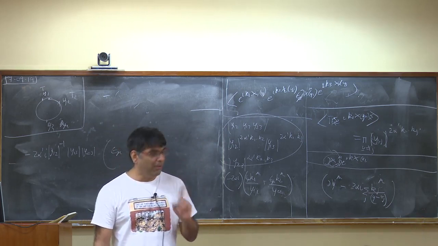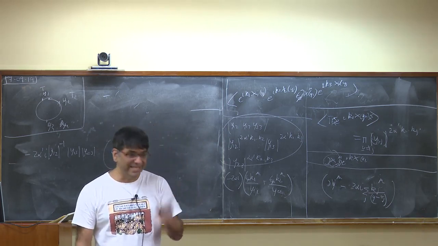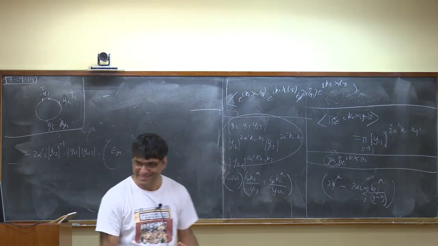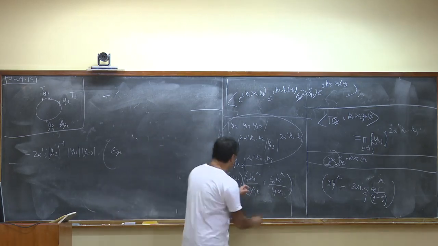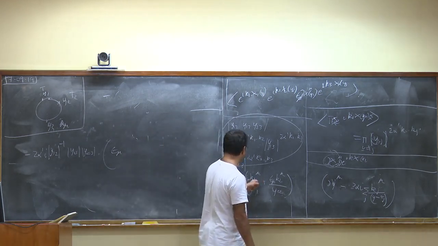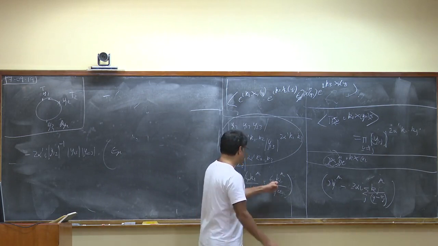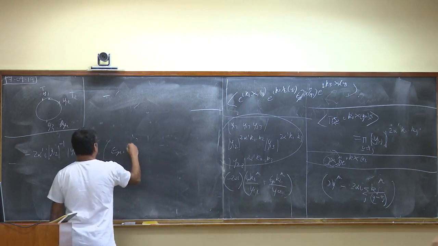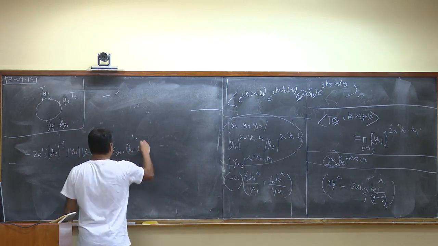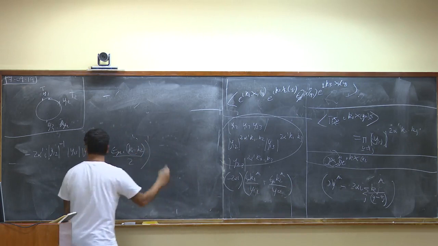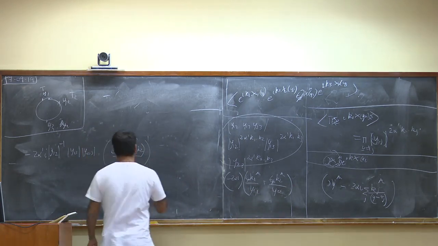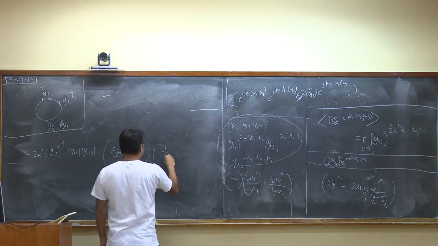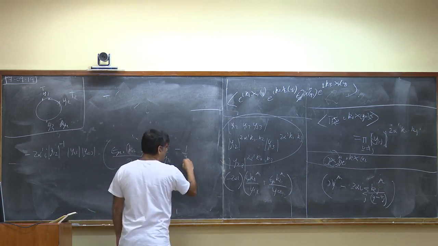Therefore, k1 is equal to minus k3 minus k2, but we can forget about the k3, so it's minus k2. So each of these can be replaced: this can be replaced by k1 minus k2 divided by 2, and this is k2 minus k1 divided by 2. And so this is epsilon dot k1 minus k2 by 2. This I'll call k12, times 1 by y31 minus 1 by y32.